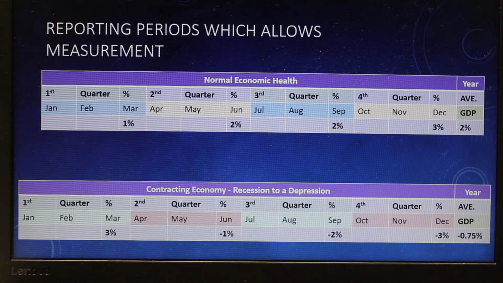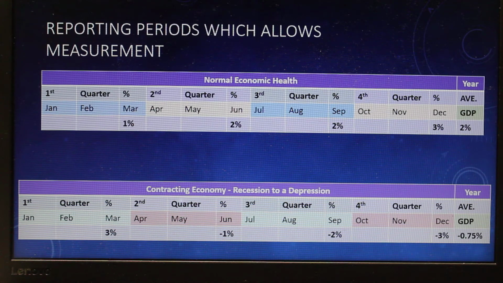Here we have another picture that looks at the contrary. January, February, March, we have a growth of 3%, but April, May, June, there's a negative growth of 1%. July, August, September, negative growth of 2%. October, November, December, negative 3%. So overall, the economy contracted by negative 0.75. That's the opposite of what happened before.